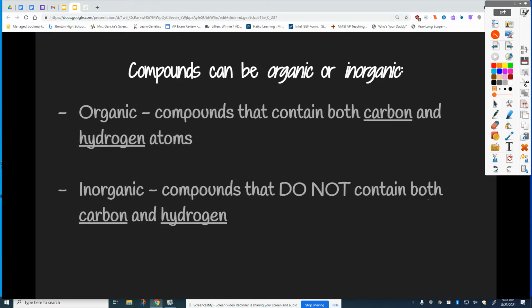All right. Next terms, organic and inorganic. Remember I said all the molecules in your body are going to be classified into two categories. Organic or inorganic. Now when we think organic, we tend to think like the grocery store, and you have the organic fruit or the not organic fruit.